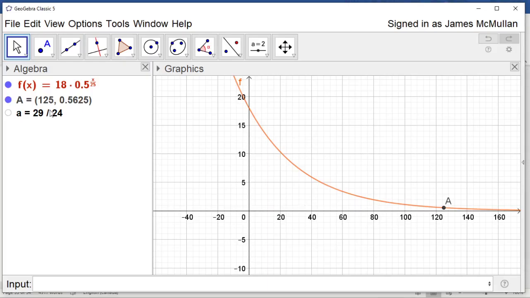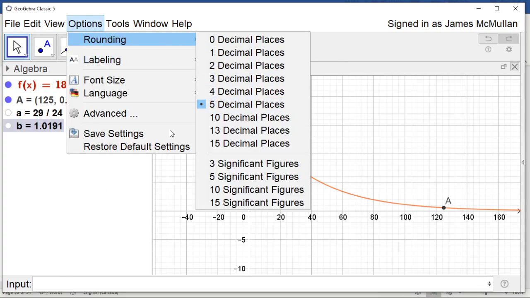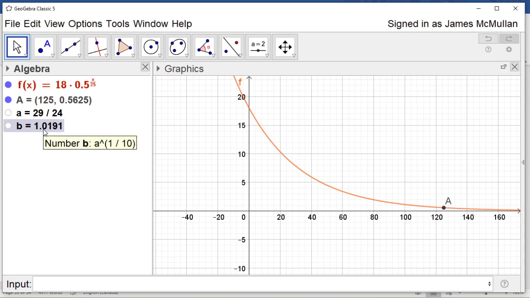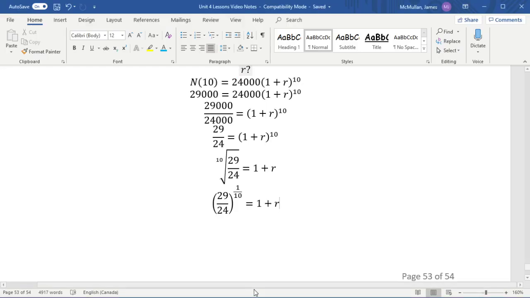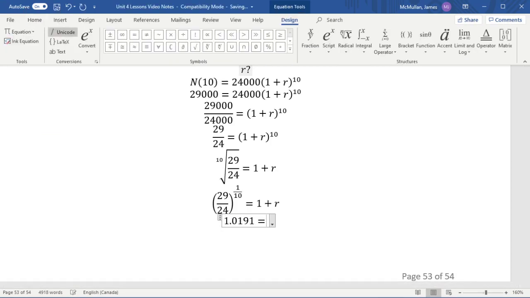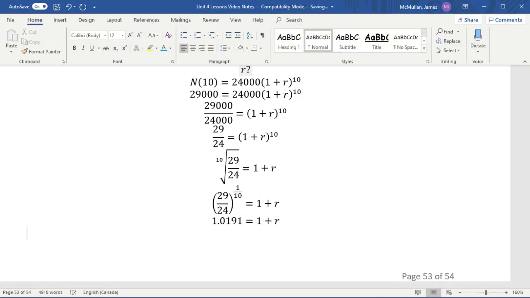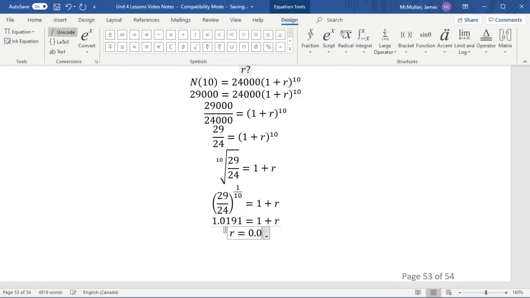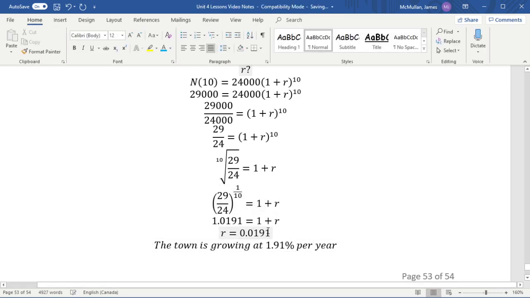So now I can go back to my GeoGebra here. I can go a to the power of 1 over 10, and I get the answer. And you want to keep a lot of decimals here, so I'm going to say 1.0191. Okay, what did I just do?